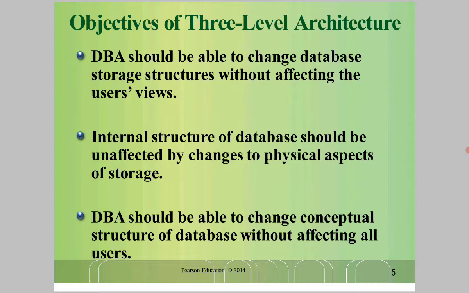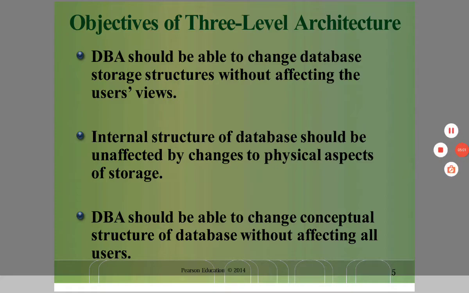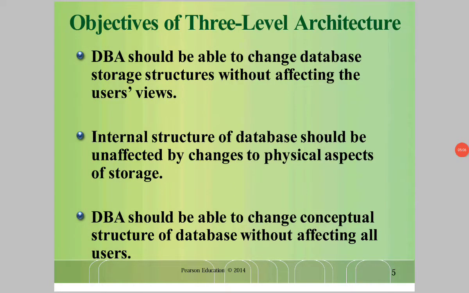The DBA can change the storage structures, mediums and access methods without changing the physical structures of the database. The internal structure of the database should be unaffected by changes to physical aspects of storage, so that internal structures, meaning database designs and table structures, can be modified without affecting the overall database design.